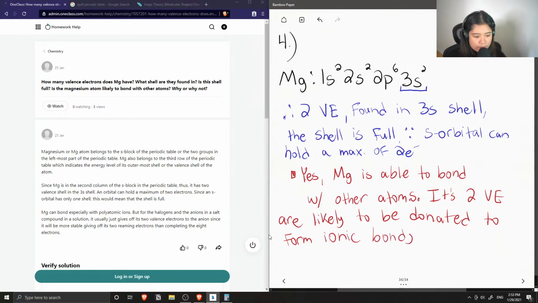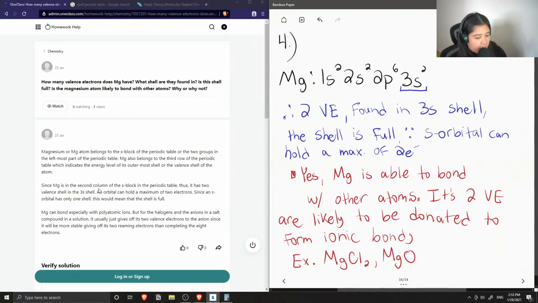So for example, we can have magnesium bonding with two chlorine atoms to form magnesium chloride. We can have magnesium bonding with a single oxygen atom to form magnesium oxide, and so on.